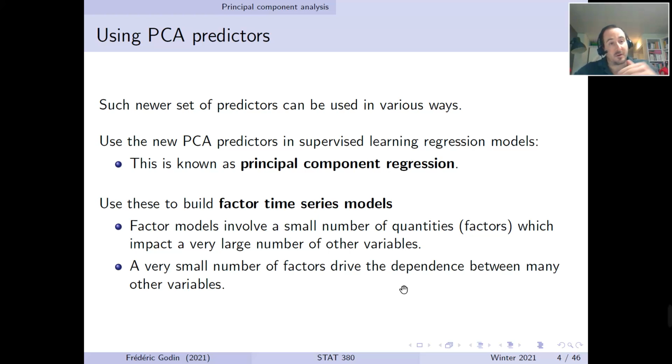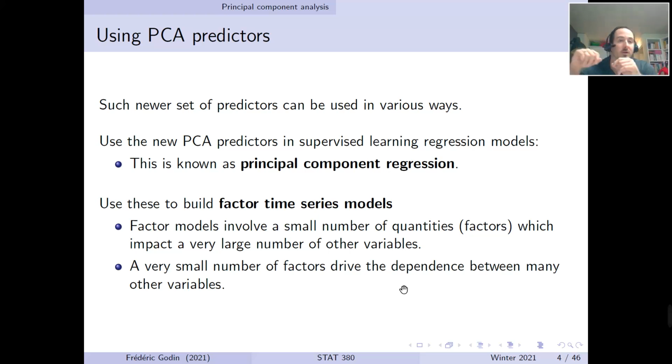So the first approach is that these new features or new predictors constructed could be used in a supervised learning regression model, which would be called a principal component regression. So sometimes we have a very large number of predictors.